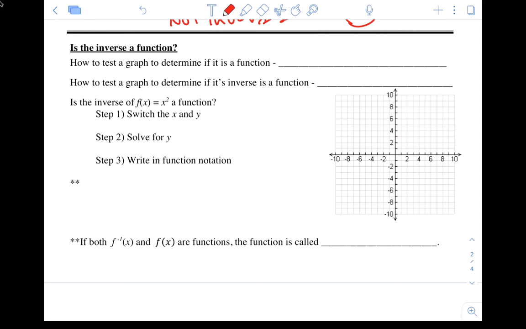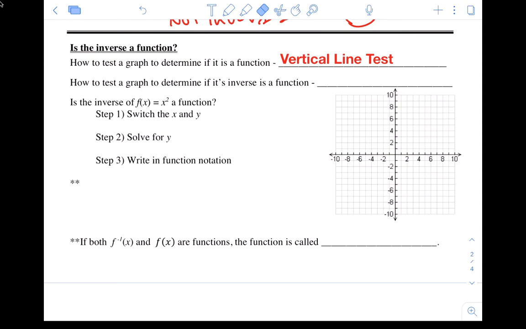In our first lesson, you learned how to quickly identify functions. So we've already seen that you need no repeating x's, and it passes the vertical line test.